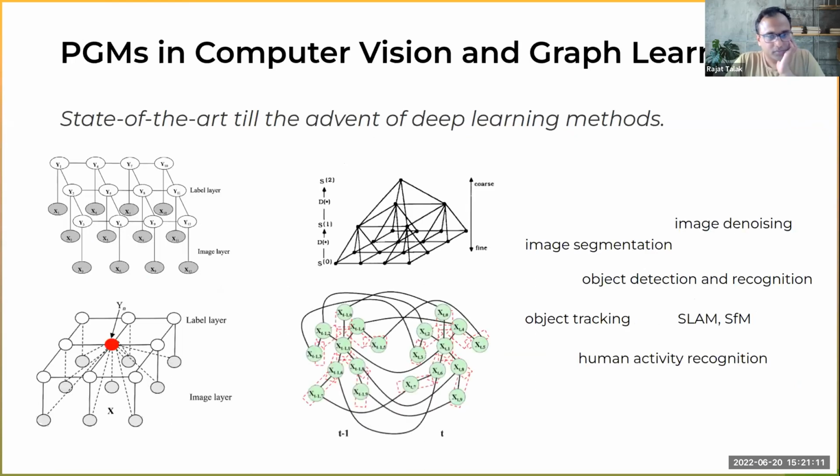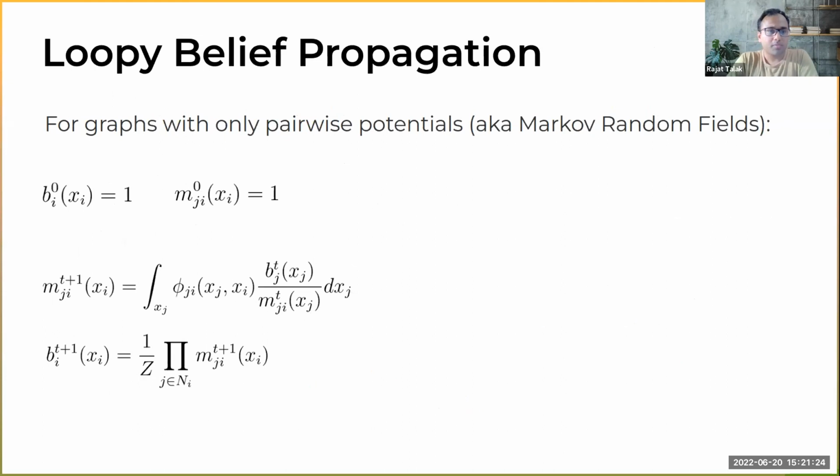Okay, so how do we build this? Now, probabilistic graphical models are pretty old, and they've been used quite extensively, and were the state of the art in many cases till the deep learning methods arrived. One of the methods to solve this was loopy belief propagation. In loopy belief propagation, you posit an initial belief and some message that you pass from one node to the other, and you iteratively update the beliefs and the messages by some equation.